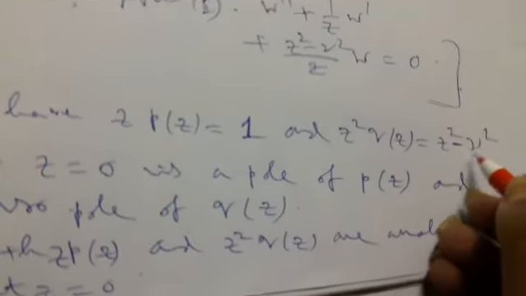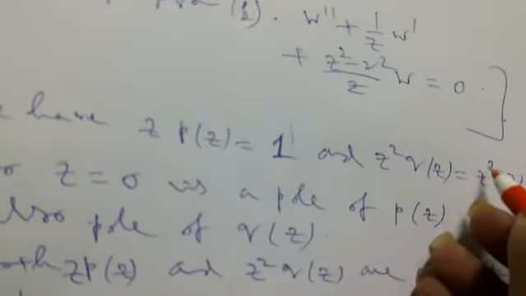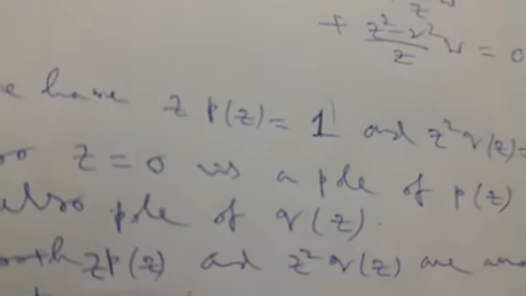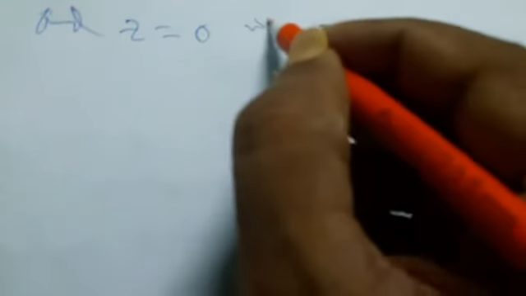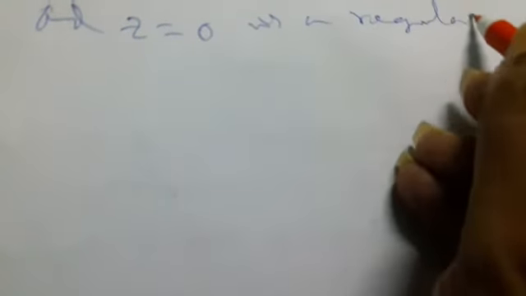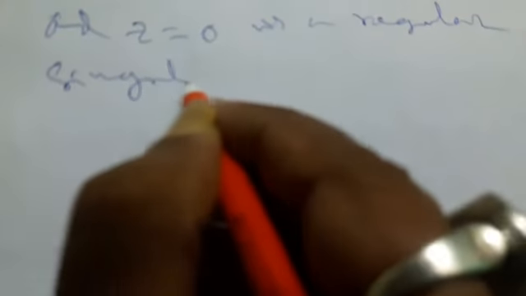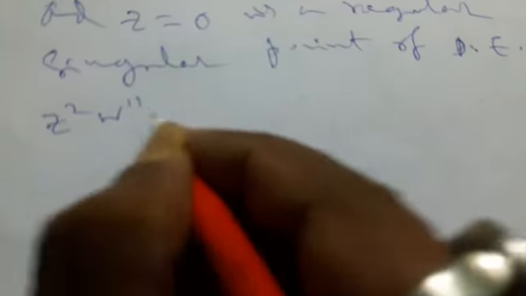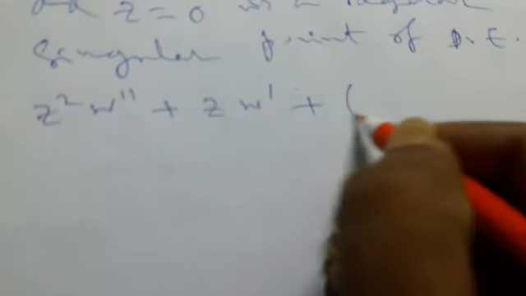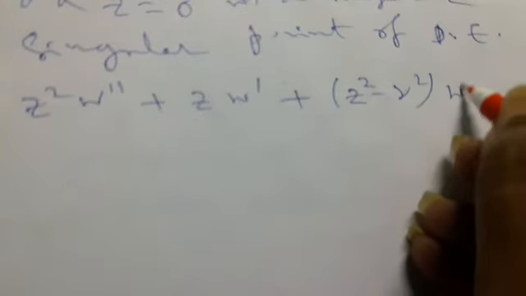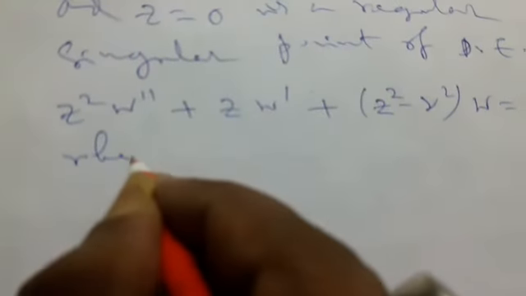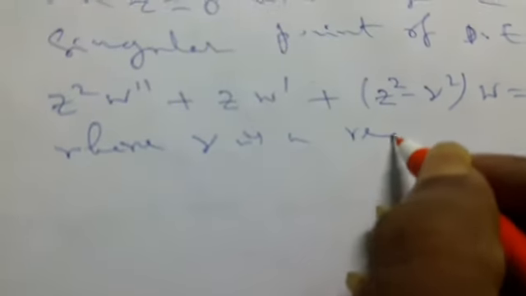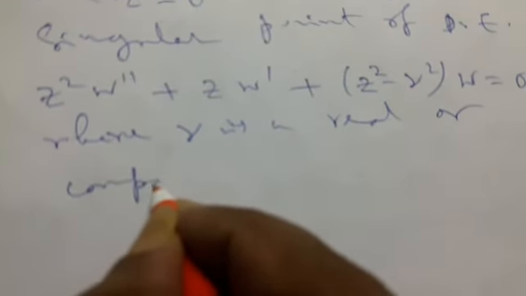It is clear there is no singularity, so it is clearly an analytic function. And z equals to 0 is a regular singular point of the differential equation z square w double dash plus z w dash plus (z square minus gamma square) w equals to 0, where gamma is a real or complex constant.